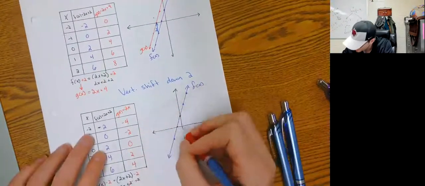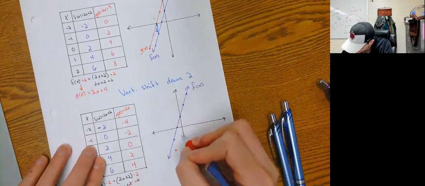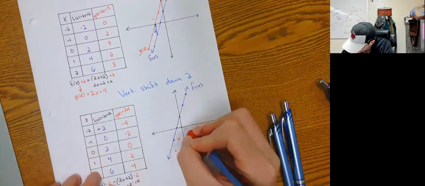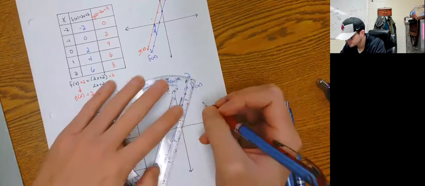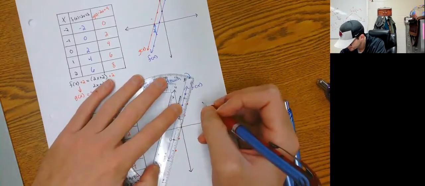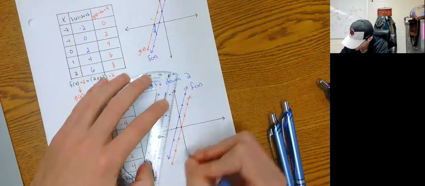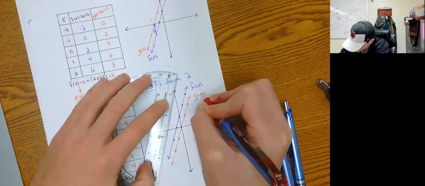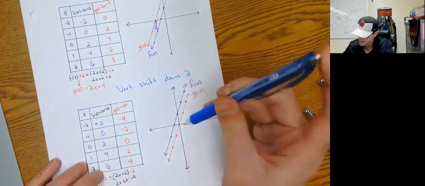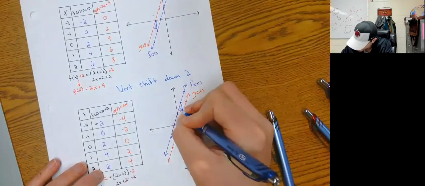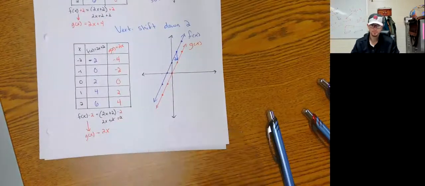So we got -2, -4, -1, -2, 0, 0, 1, 2, 2, 4. So now we got g of x, and as you notice, the last one was up 2, this one was down 2. Perfect.